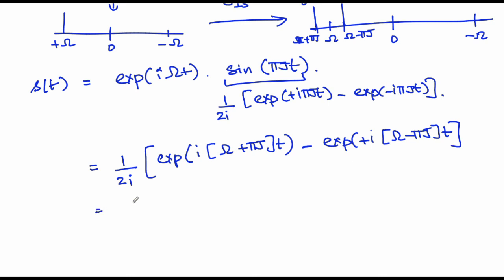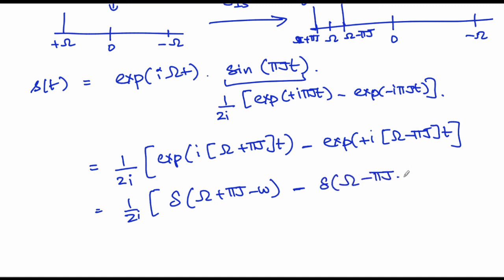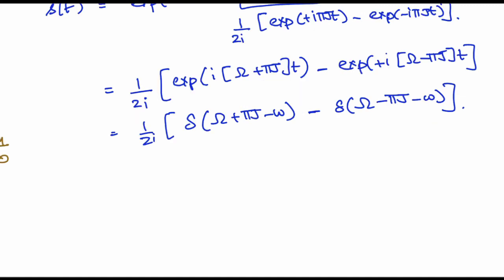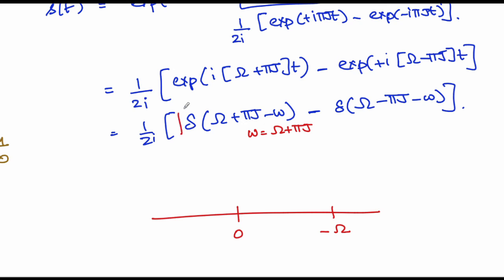So this is going to give you 1 over 2i times delta of omega plus pi J minus small omega, minus delta of omega minus pi J minus small omega. If you plot this, only when small omega is equal to omega plus pi J will this part give you a signal, and only when it is omega minus pi J will the second part give a signal.